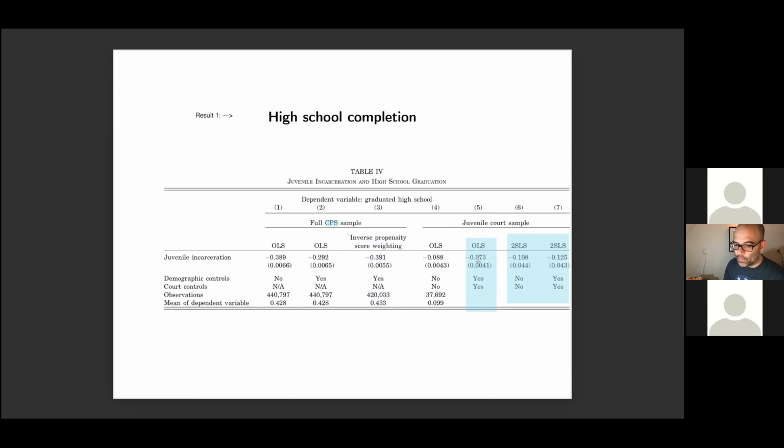What do we get? OLS finds that if you go to prison, those people are 7.3 percentage points less likely to finish high school, not causal. OLS isn't causal because of the selection bias. Two-stage least squares is a causal estimate. It's causal LATE for the compliers.